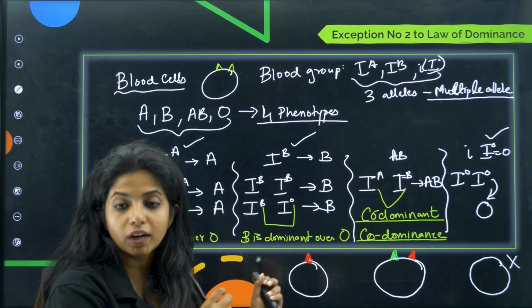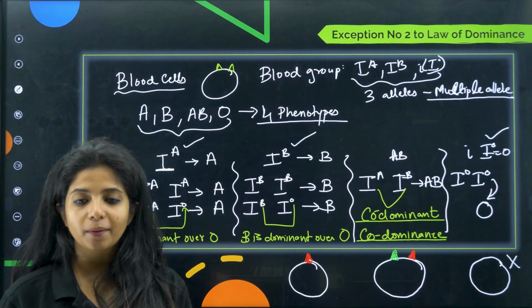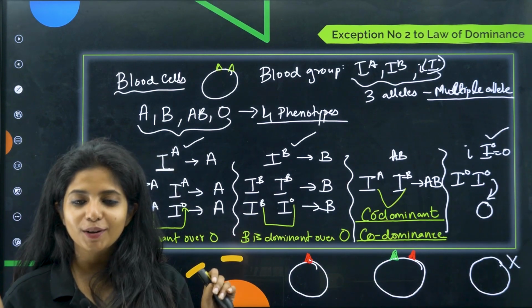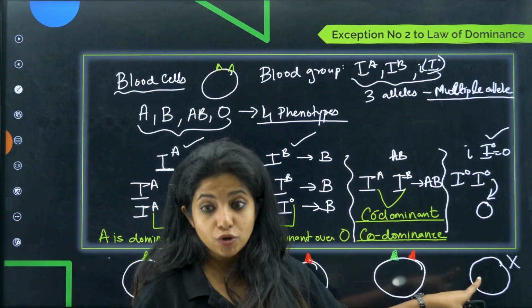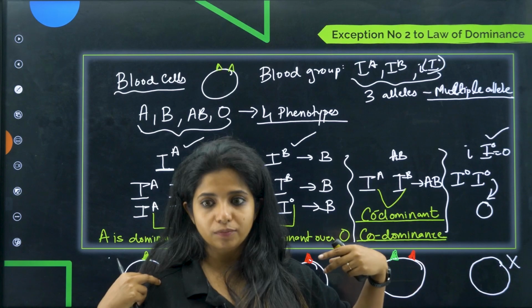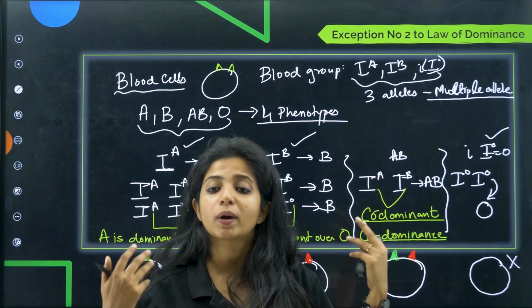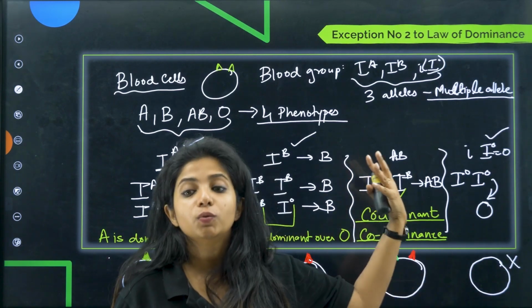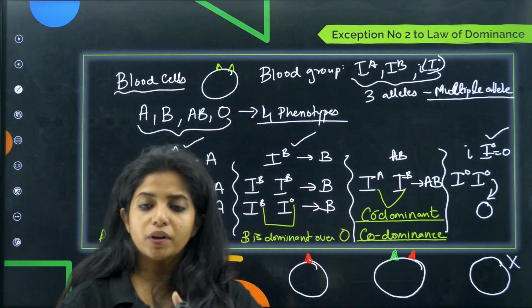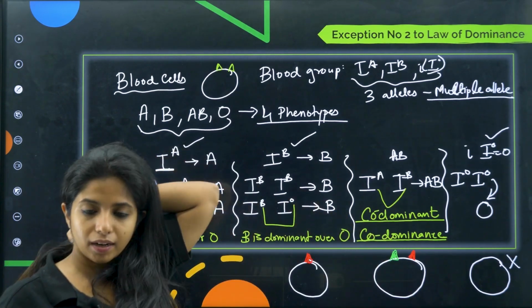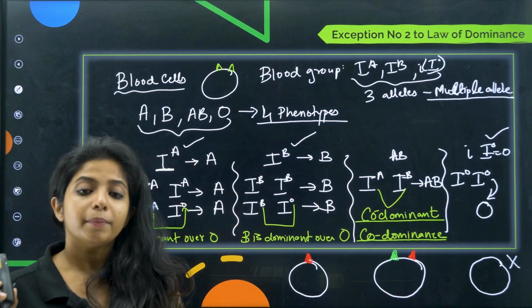Now, when O blood group is put in someone else's body, what will happen? Nothing will happen because it does not have sugar. No other body cells will be able to recognize it. If it has sugar that is different from my body sugar, then obviously everyone will come and attack, which is why we say O blood group is the universal donor. It can donate itself because our body won't be able to recognize it. But now it is not done like that. We want specific blood groups, but it was done.